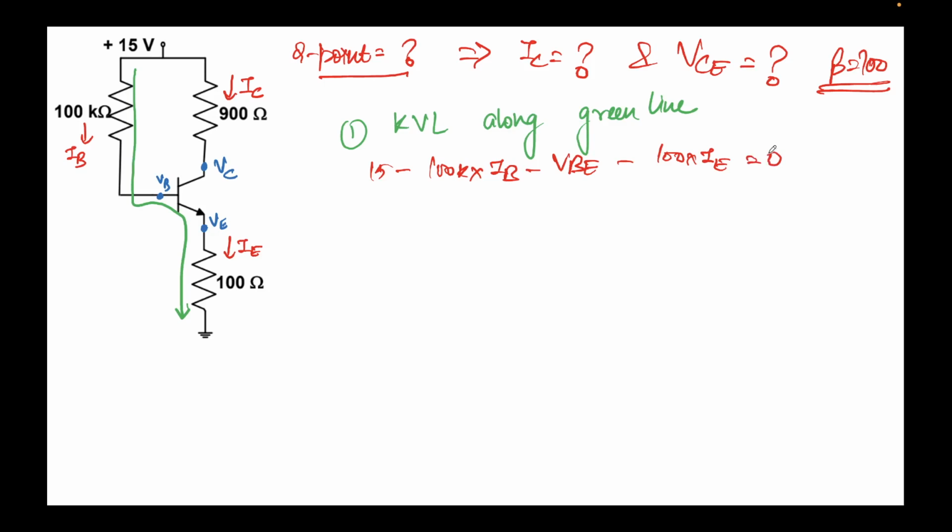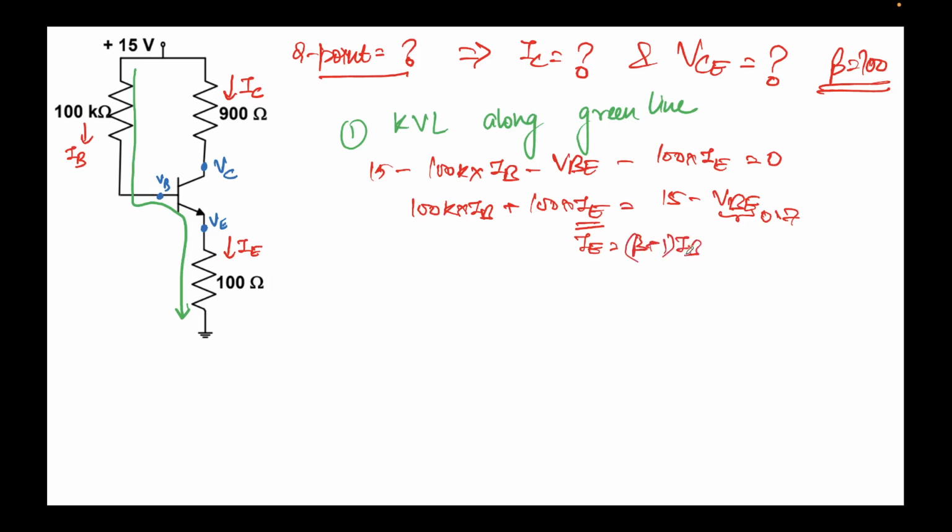So if I do this, I'll write everything in terms of, let's say, IB. So I can write 100k times IB plus 100 times IE is equal to 15 minus VBE. Now I'm assuming it's forward active mode, so VBE I can simply assume to be 0.7, and in forward active mode IE will be beta plus 1 times IB.